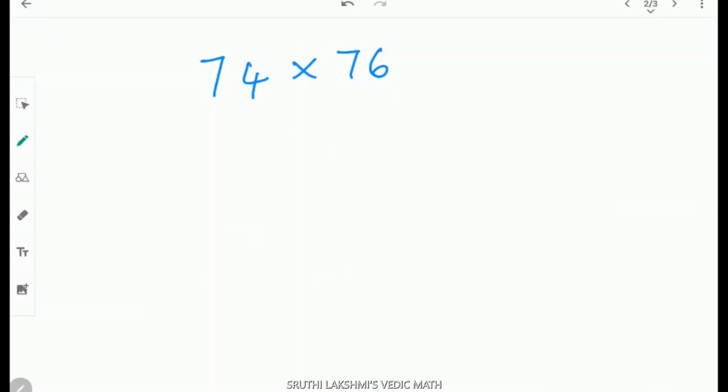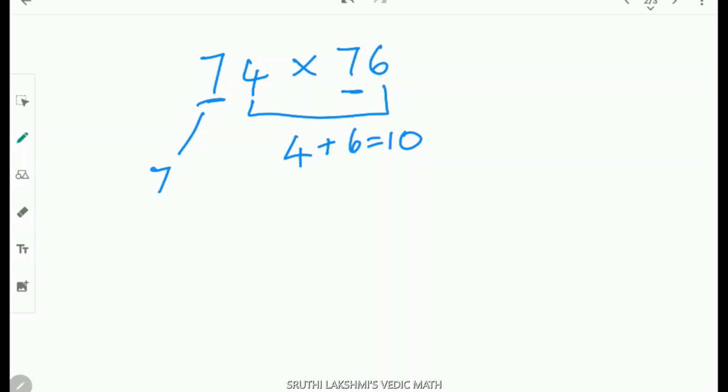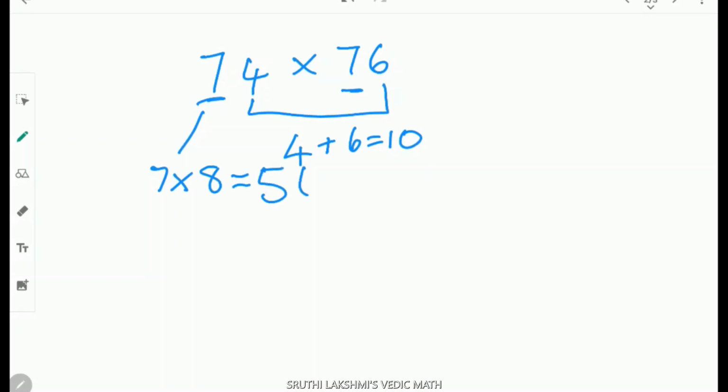Now let's try another example. Let's use 74 times 76. The first digits are the same and the last digits add up to 10. First, write the first digit. 1 more than 7 is 8. Now multiply 7 times 8, which is 56.